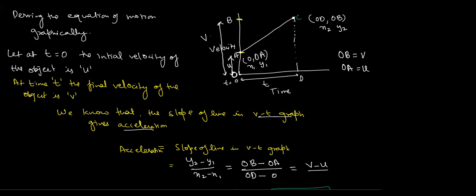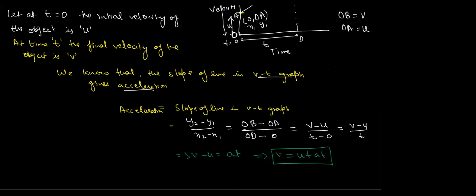OD is the whole time period, so you can write T minus 0. So you can write V minus U upon T, and finally V minus U upon T is equal to acceleration. You are deriving here the acceleration.